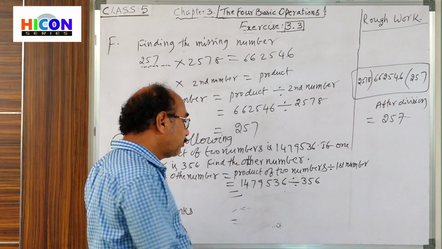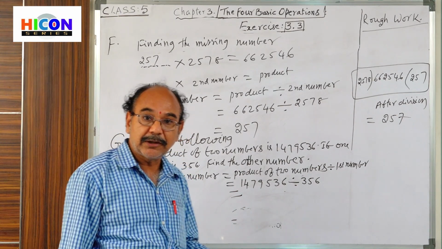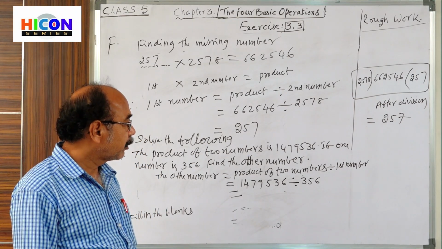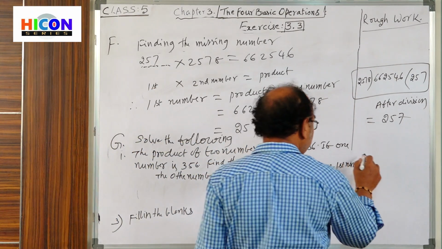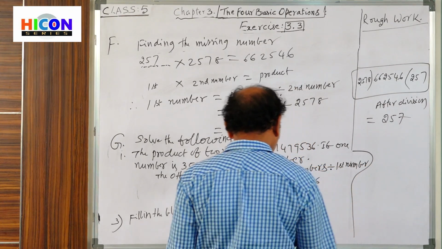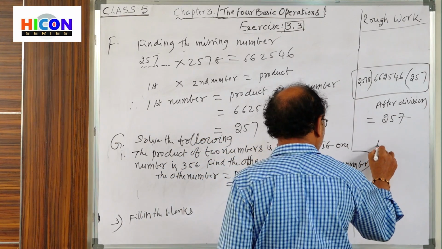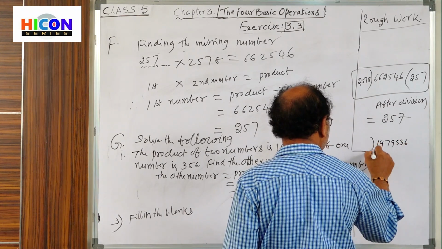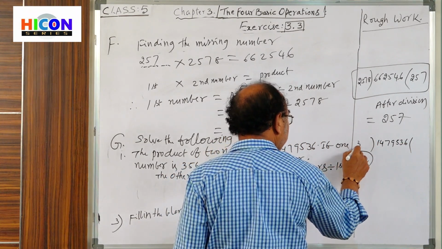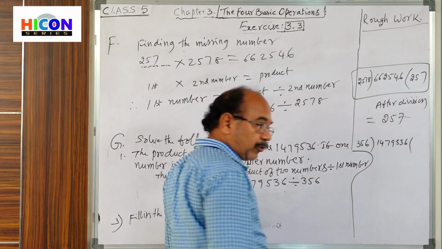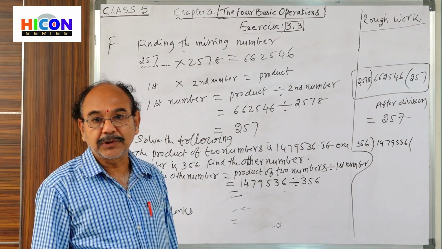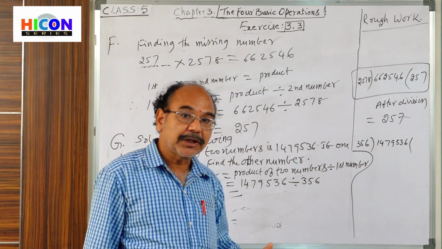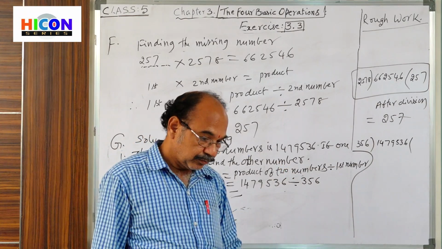After division, you have learnt so many division problems. In the margin work you show the division. 1479536, divide this with 356. So you show the division work in the margin given.